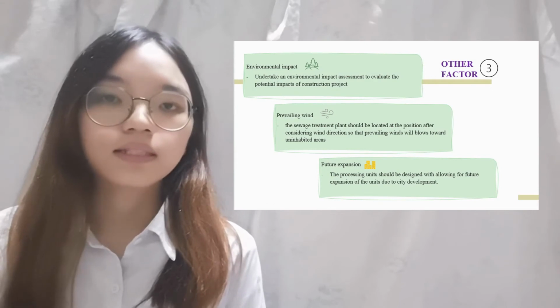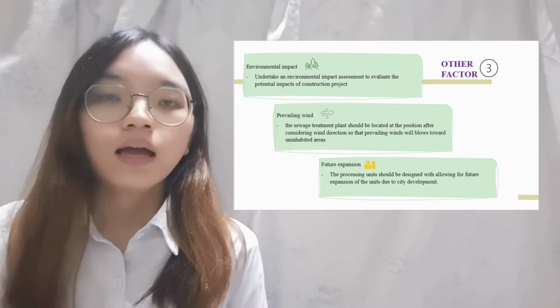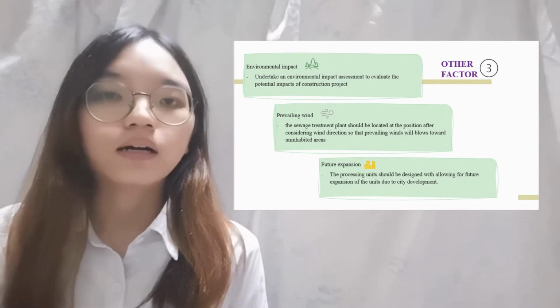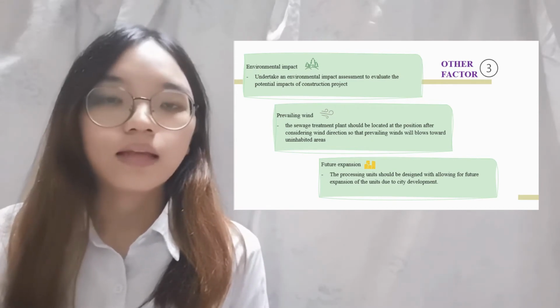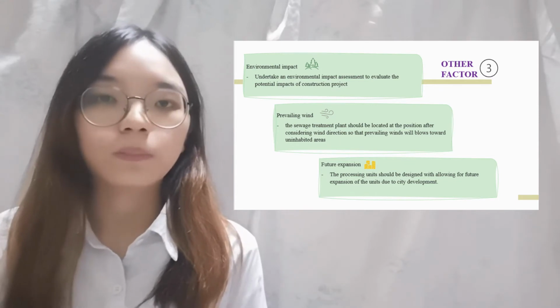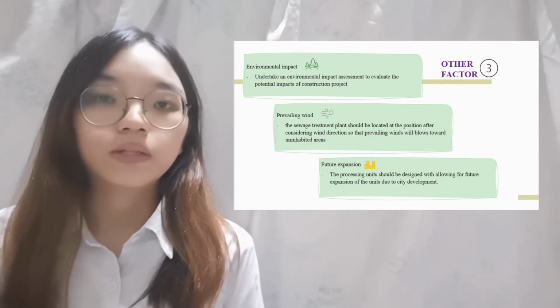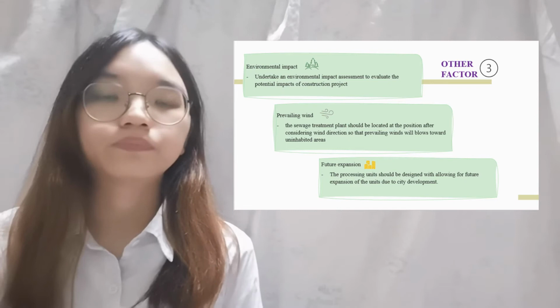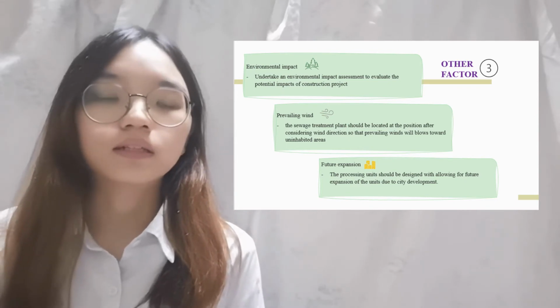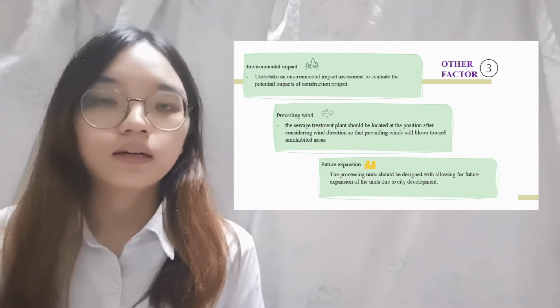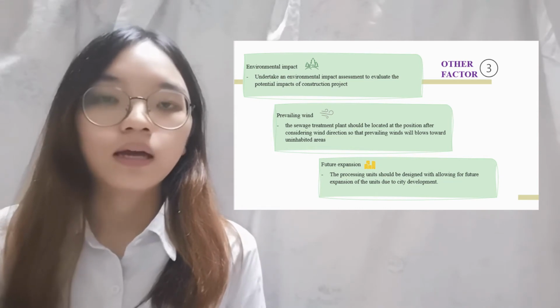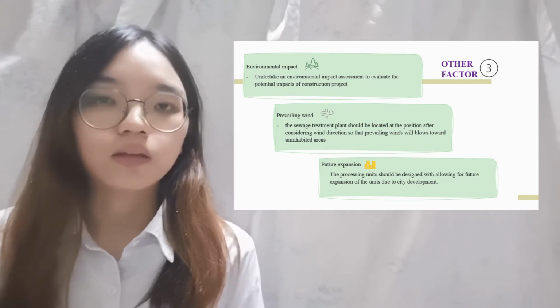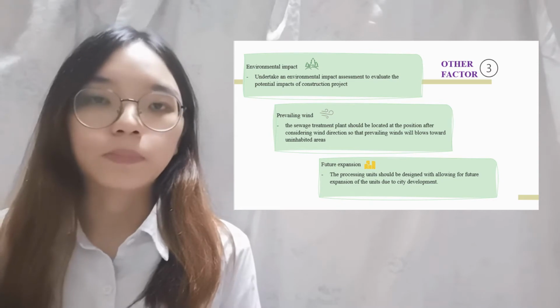On the other factors, the first one is environmental impact. Before constructing the sewage treatment plants, an environmental impact assessment needs to be conducted to identify the potential impacts of the construction on the environment of the site. And when designing the sewage treatment plants, the potential impacts need to be taken into consideration to avoid the occurrence of problems.